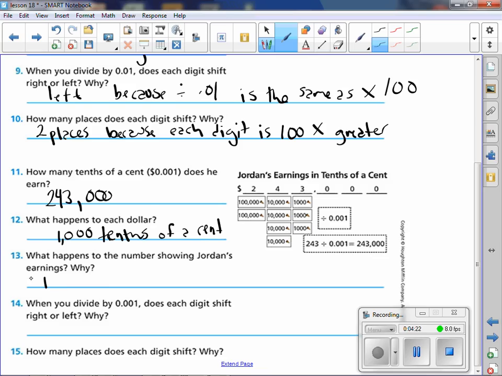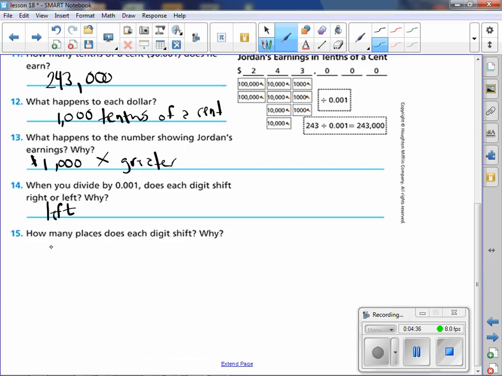It's 1,000 times greater. Okay, and you shift left again, and we shift 3 places. Okay, we shift left because it's like divided. When you divide by 1,000th, it's like multiplying by 1,000. Okay, so hopefully that's kind of starting to make sense.